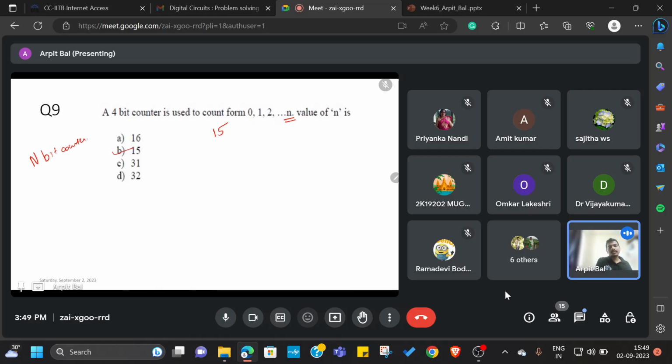Let's say there exists an n-bit counter. The terminal value is going to be 2 to the power n minus 1. Just like in this case, if it is 4-bit, then you write 2 to the power 4, that is 16, minus 1, that is 15. So this was a straightforward question.